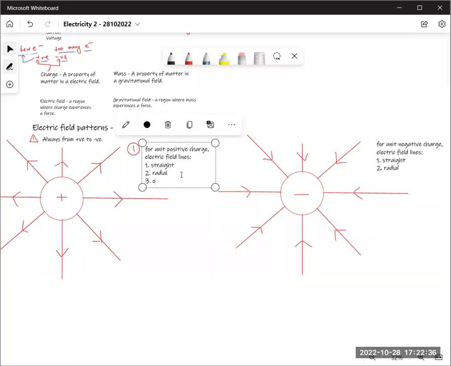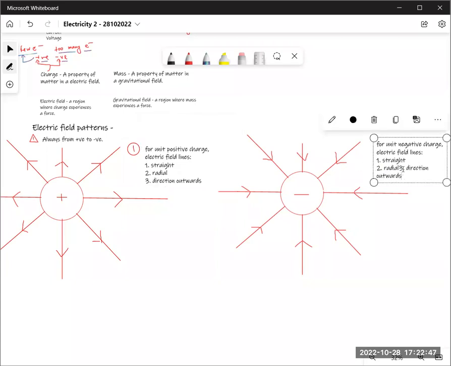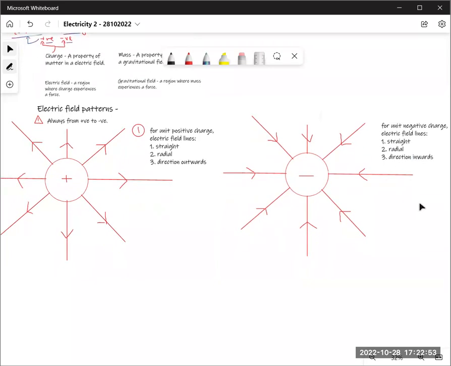Now this is outwards. Let's just say direction is outwards. But for this one, the direction is inwards. Finish writing, tell me when you're done.